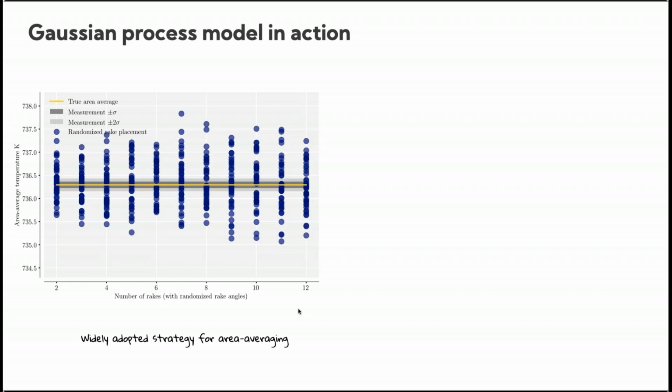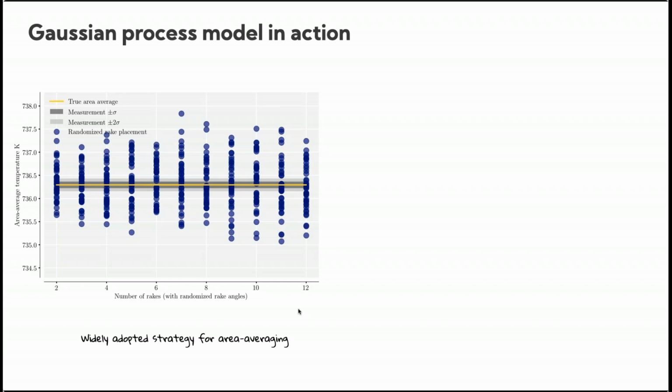And the result is that the area average does not converge. As you go from left to right, we're increasing the number of rakes in an engine, and you don't observe an increase or decrease in the area average measurement. The dots for a given number of rakes just correspond to different rake positions.